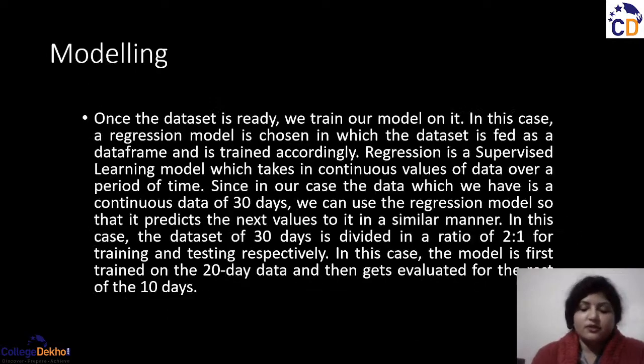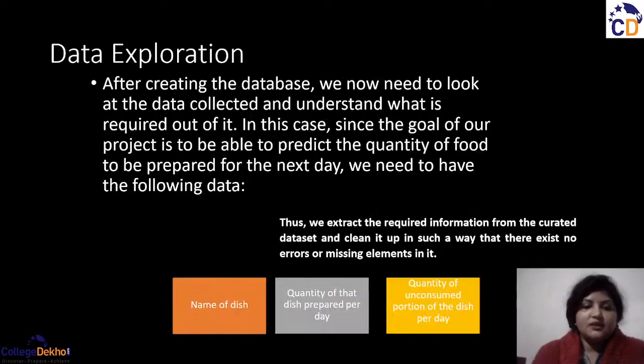Now let us move to the next part, that is modeling. In the modeling phase, once your collected data is ready and you have cleaned that data set also. Cleaning means you had 6 features and you have extracted the most important ones, the closest factors which are actually influencing your problem statement.